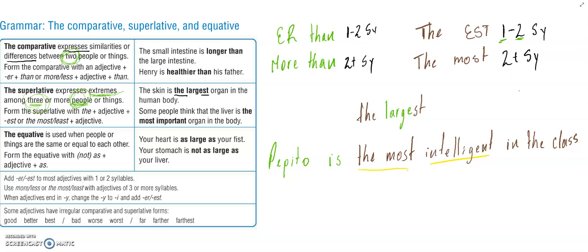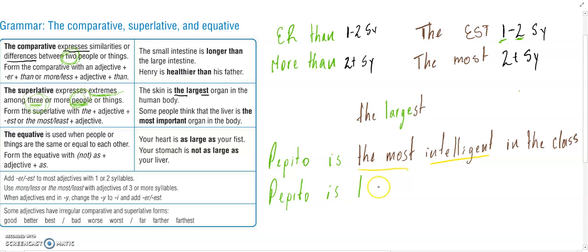In the case of 1 syllable adjectives, let's use Pepito again. So Pepito is the, okay, let's use another color for that.